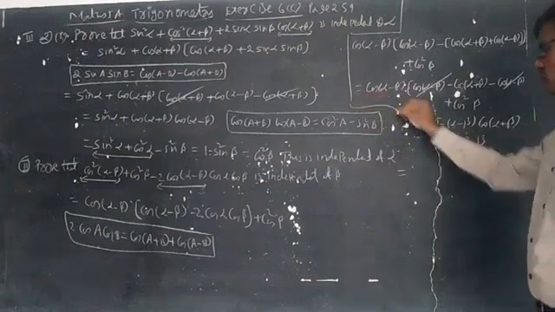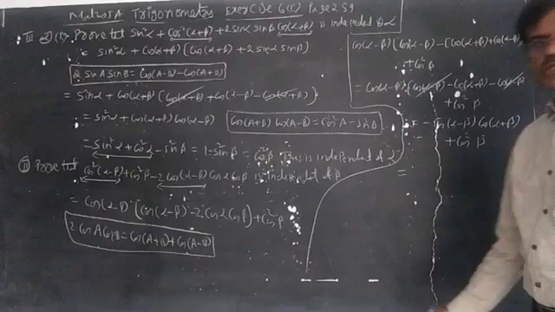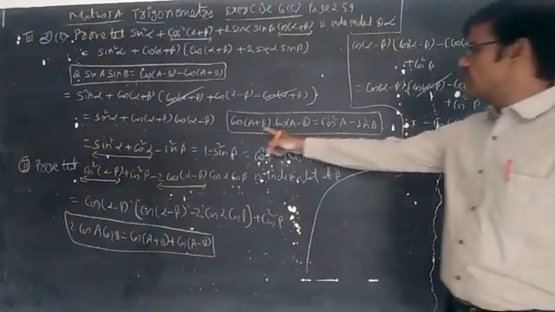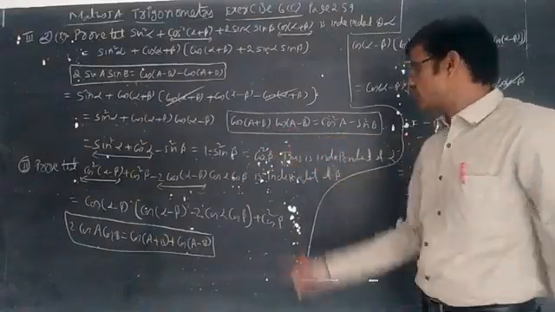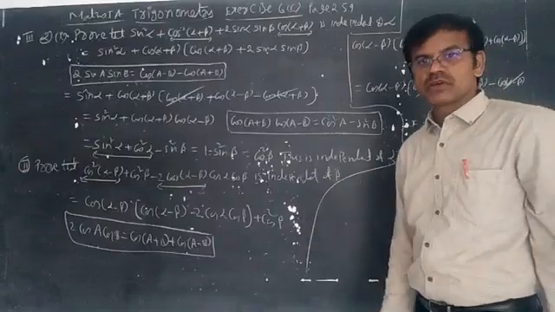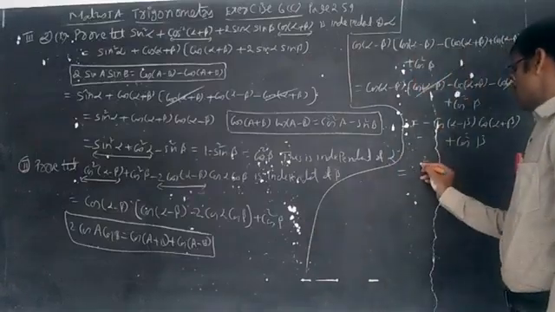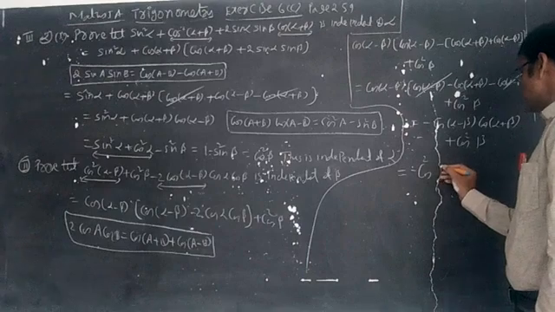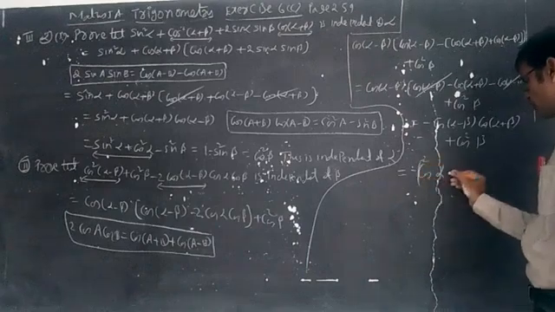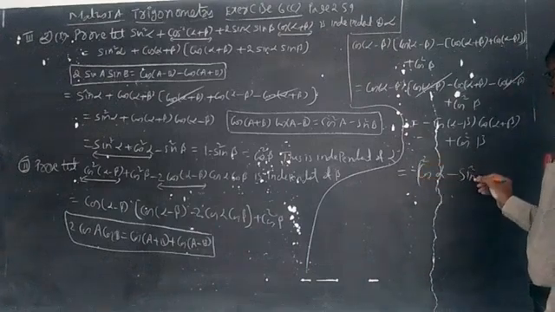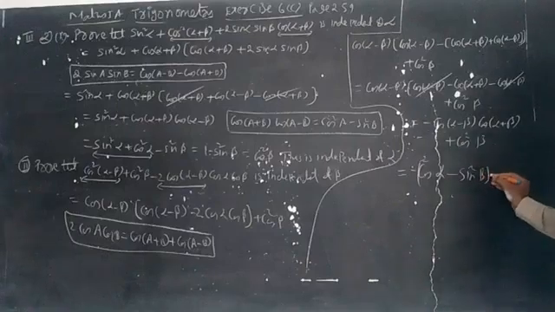Here only we have written the cos A plus B into cos A minus B formula, cos square A minus sin square B. So you can write here, this is minus cos square alpha minus sin square beta, plus cos square beta.